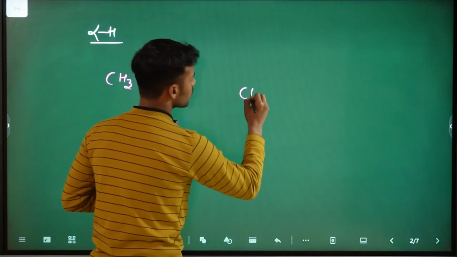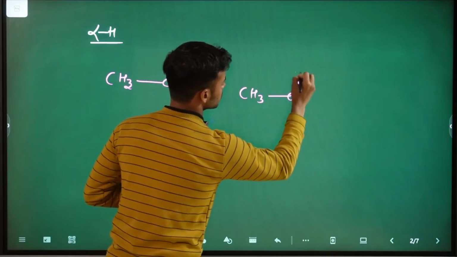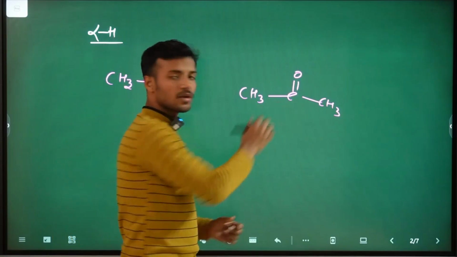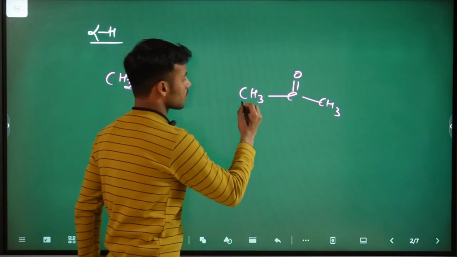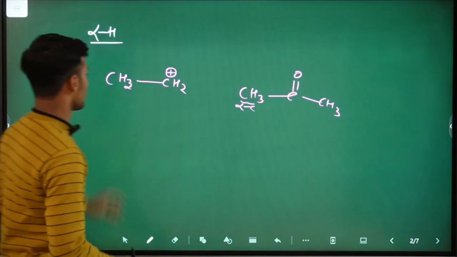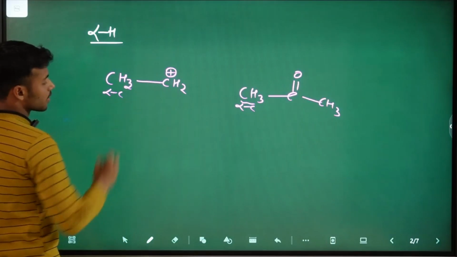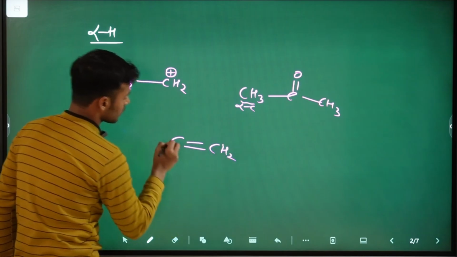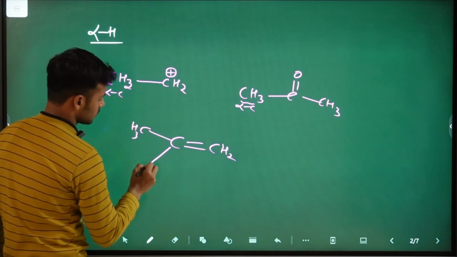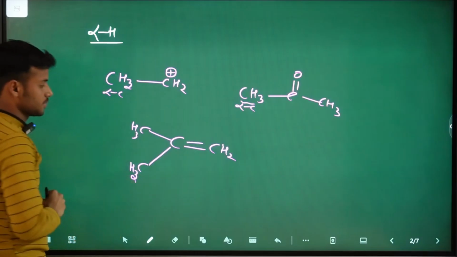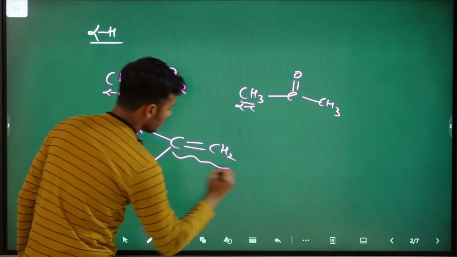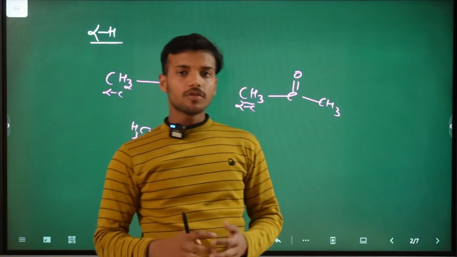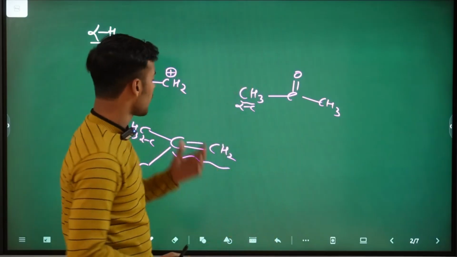The functional group may be ketone. So this is alpha carbon, and here this is alpha carbon. Take more examples like ethene, alkene. So this is the functional group, this is alpha carbon, and the hydrogen attached to alpha carbon is called alpha hydrogen.